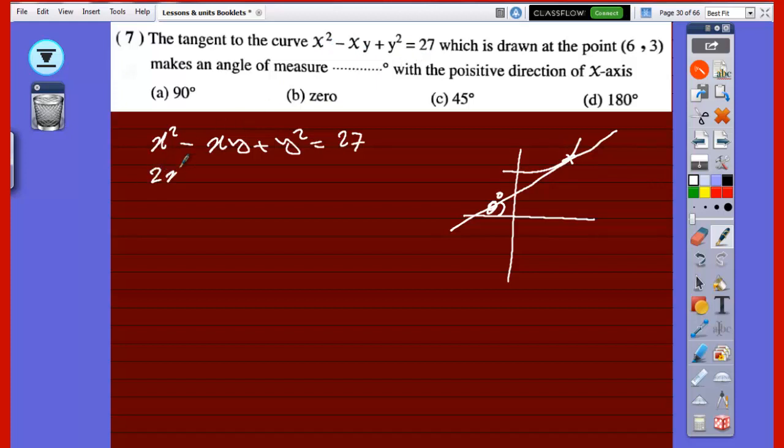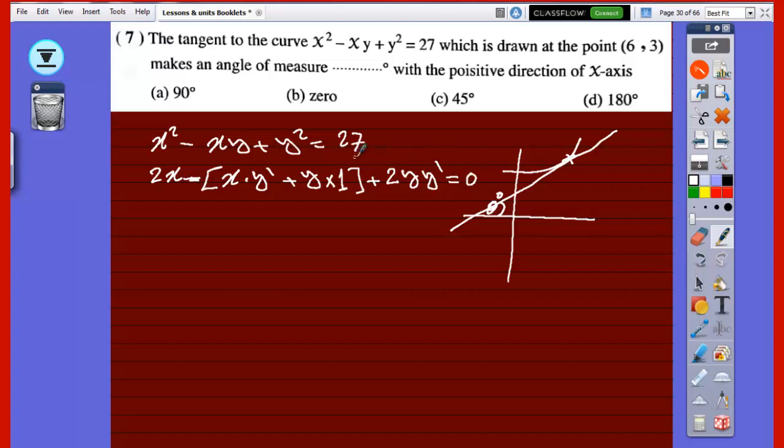So we have 2x minus, we have here two functions, x and y, so the first times the derivative of the second, y', plus the second, y, times the derivative of the first, which equals 1. Then we have the derivative of y² with respect to x, which is 2y y', equals 0.